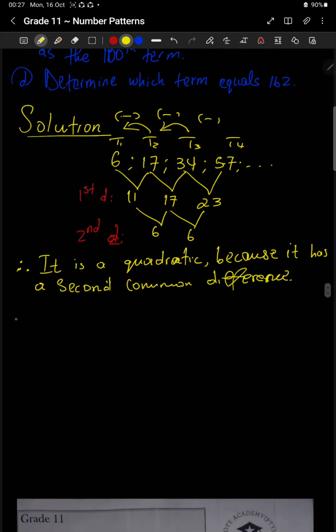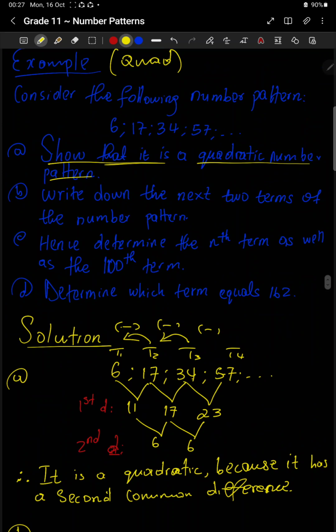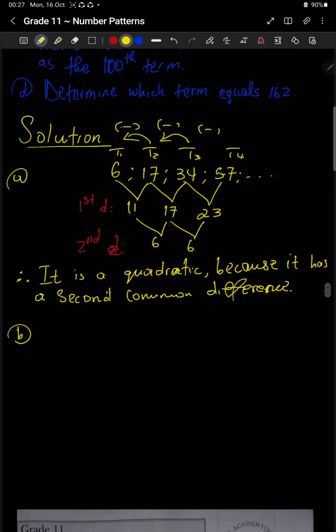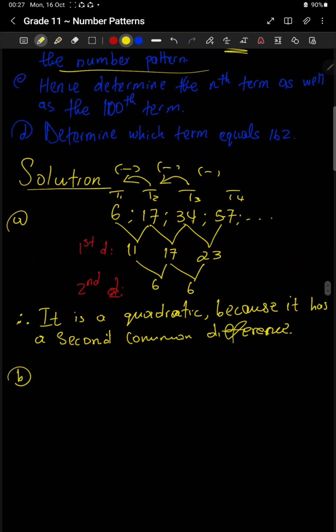And then now we go to number B. That was the first question, this is number A. And number B says, write down the next two terms of the number pattern. Okay, so this one is easy. So we know that the constant difference here is 6.